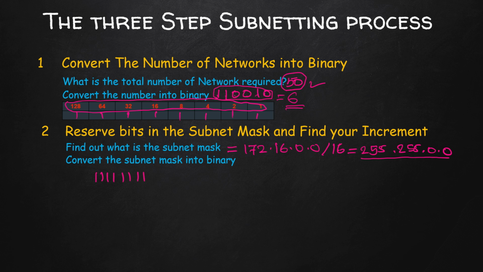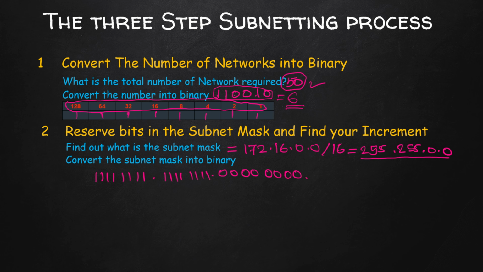Okay, 8 bits and all the bits are 1. Then the second one is also 255, so I will make it 1 1 1 1 1 1 1 1. The third is 0. 0 indicates all the values in this binary conversion table should be 0, then only you get the 0. So let's write 0 0 0 0 0 0 0 0, 8 bits.